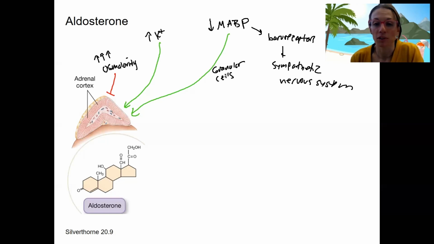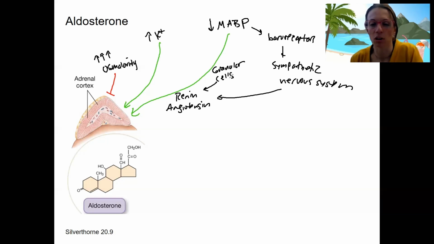Both of these are going to result in renin and then angiotensin production. Long-term blood pressure regulation that we've already talked about because we're altering blood volume. The sympathetic nervous system also can result in short-term regulation. So vasoconstriction is going to happen at the same time if our stimulus is low blood pressure.